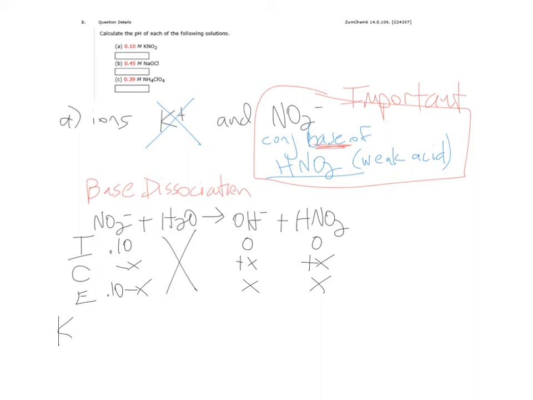And once again, since we have a base dissociation equation, we need a Kb value. Well, you can't look up a Kb value for nitrite ion. Instead, we're going to have to find the Kb value by taking Kw divided by the Ka value for its conjugate, nitrous acid. We can look that one up.